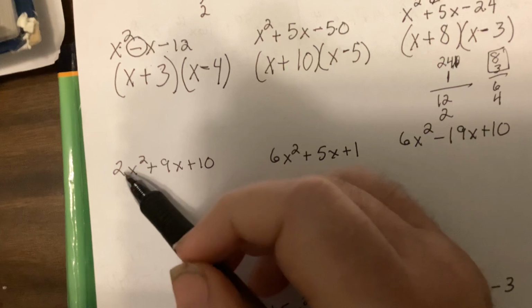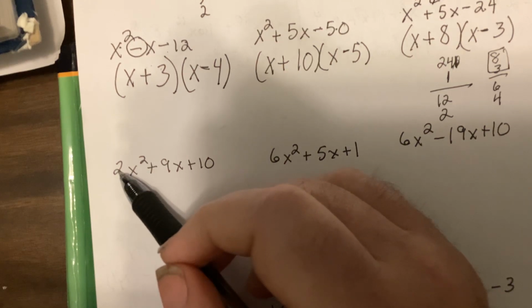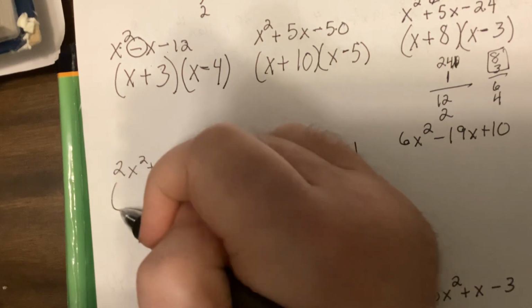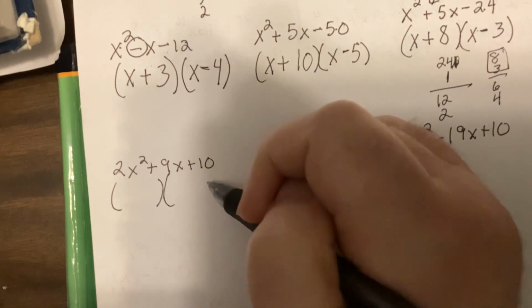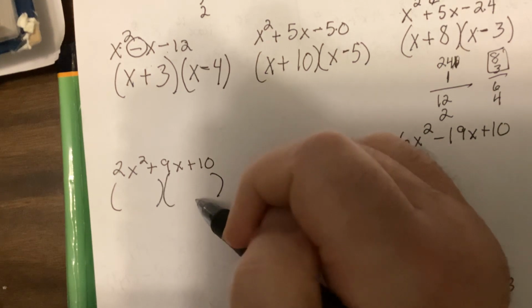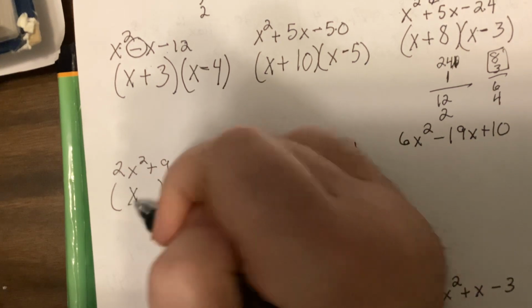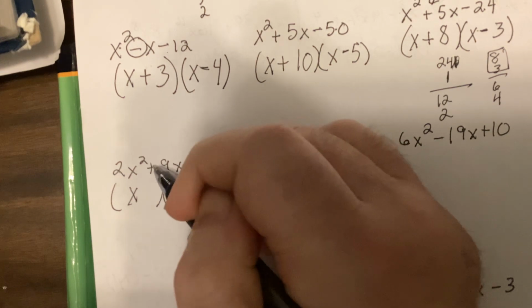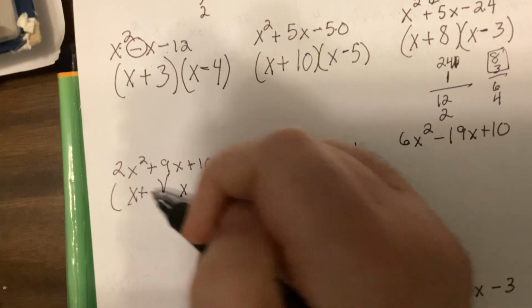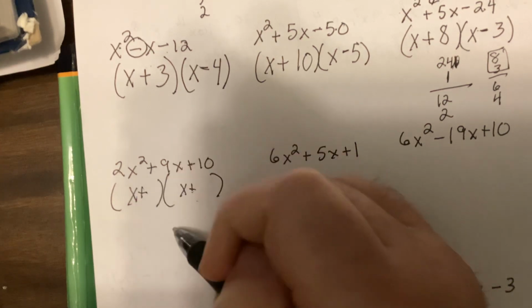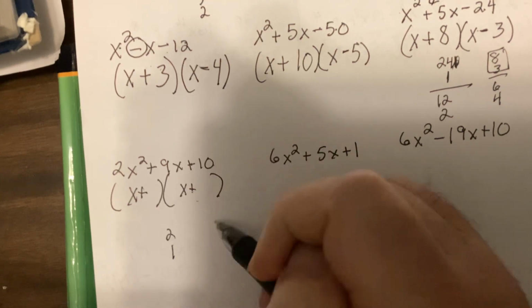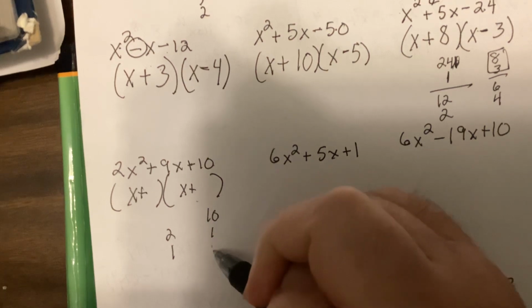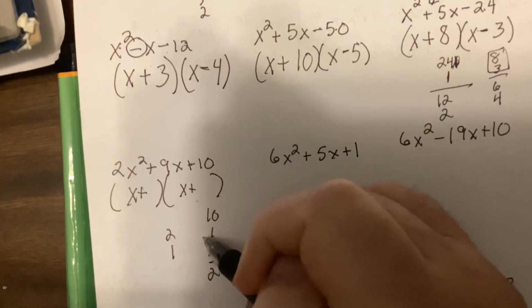Now, when this is not 1 anymore, it makes the problem a higher degree, more challenging. So x squared is still x and x, but we're going to have a number in front of it. Last term plus, so both signs are the same as the middle. 2 would be 2, 1. 10 is 10, 1, 5, 2.